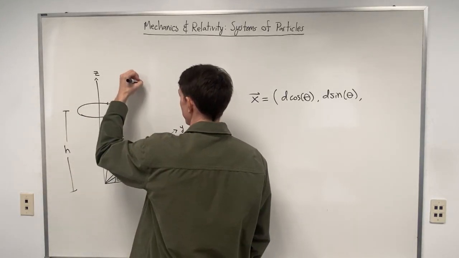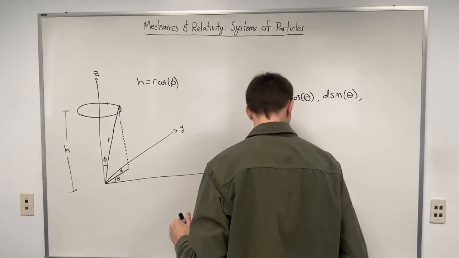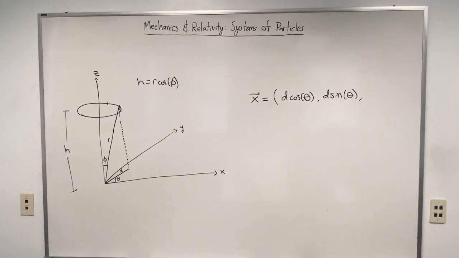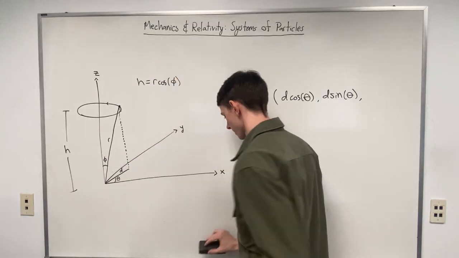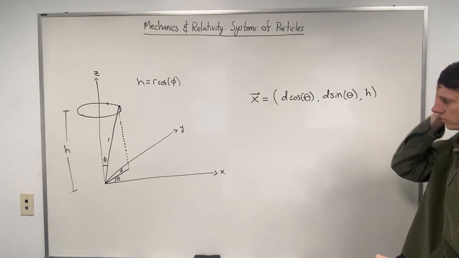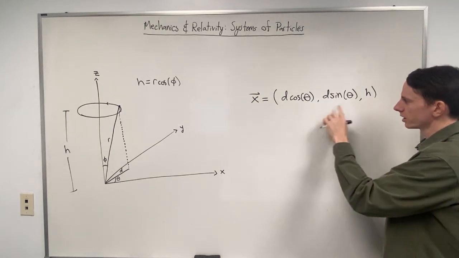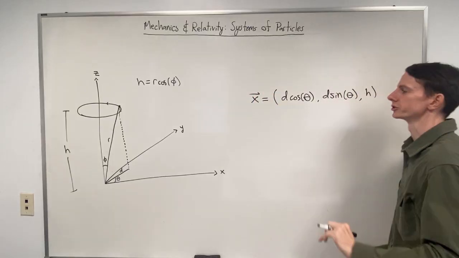Say that h is just r cosine phi, and then say that the particle's z position is h. So it's expressed in terms of constants, d and h, and then the theta variable. So this is the particle's position.